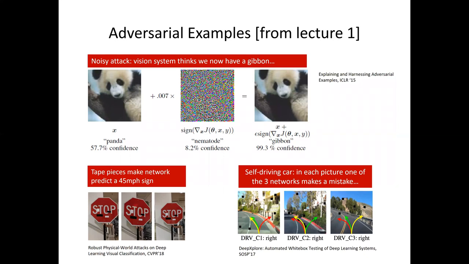From last lecture, we already saw these examples: adding imperceptible noise and getting the model to misclassify the panda as a gibbon, putting stickers on stop signs and getting the deep learning model to predict that it's a 45-mile-per-hour speed sign, and on the bottom right, three different neural networks, each misbehaving in a different way in the different pictures.